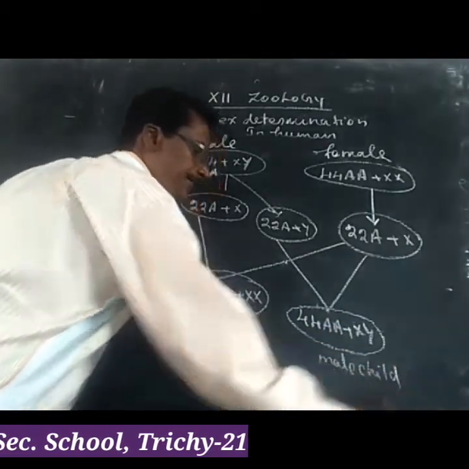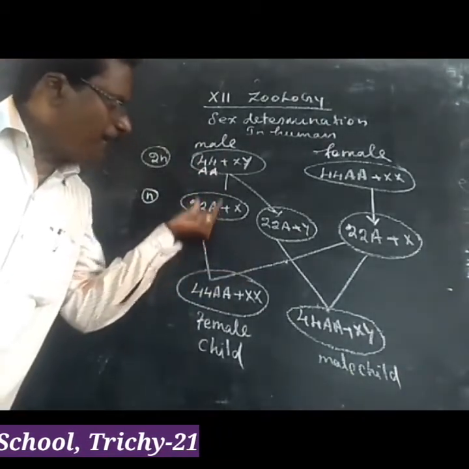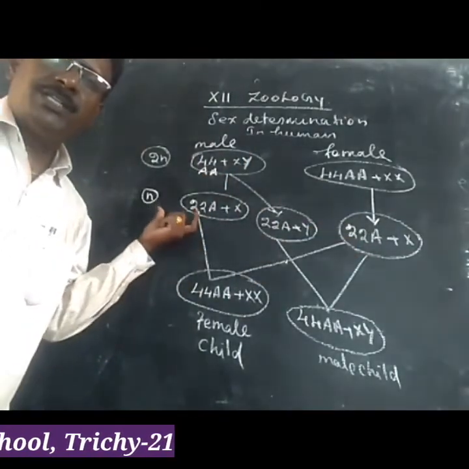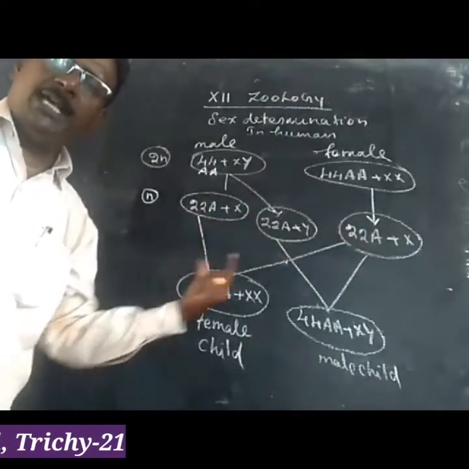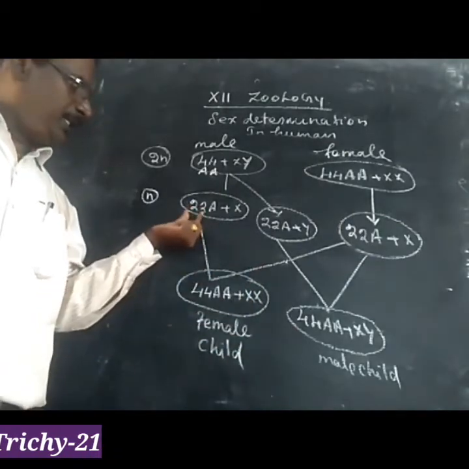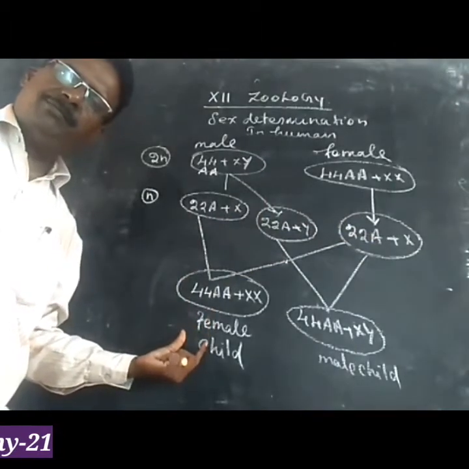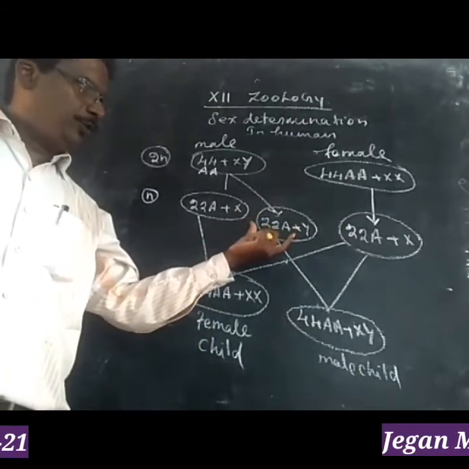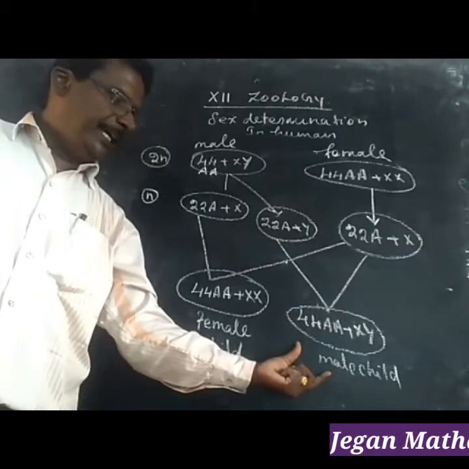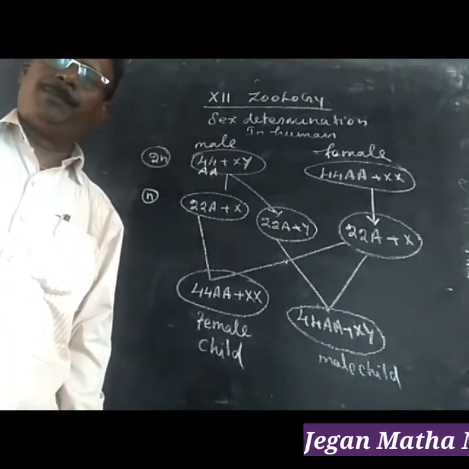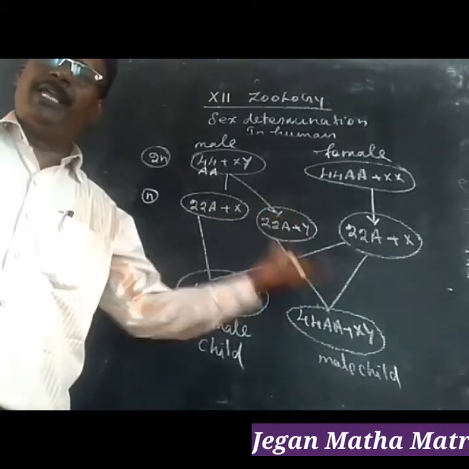So which sperm cell is fused with the egg cell determines the young one. If an X sperm cell is fused with the egg cell, they produce a female child. If a Y chromosome sperm cell is fused with the egg cell, they produce a male child. This way sex determination occurs in human beings.